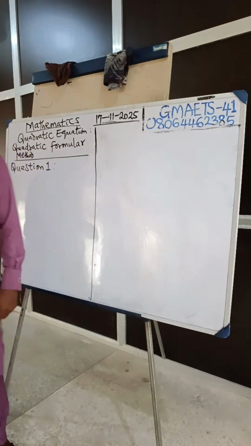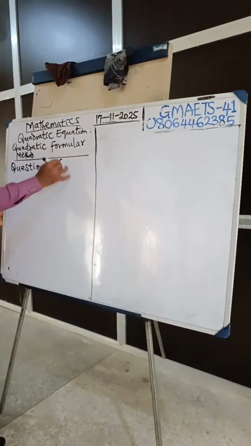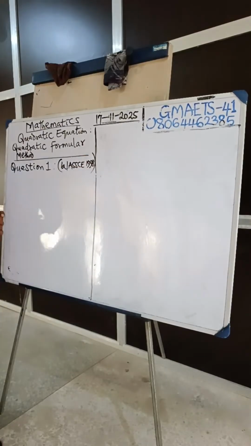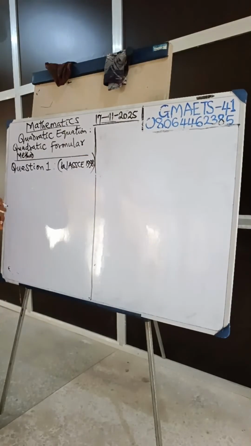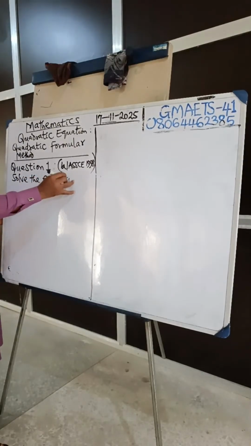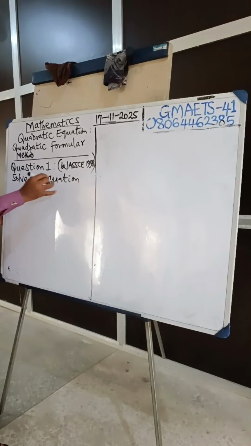Yes, under completing the square. 1998. So what is the question, please? What did they say we should do? Solve the equation. Okay, let me write. Solve the equation x squared minus 3x minus 1 equal to 0.